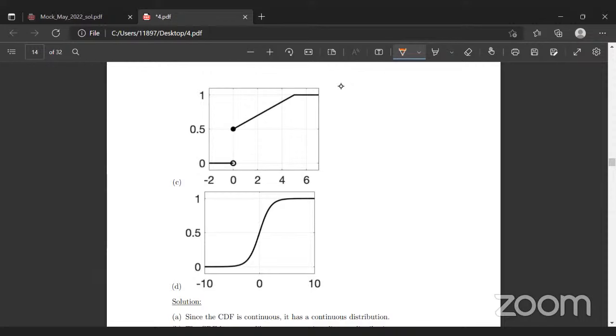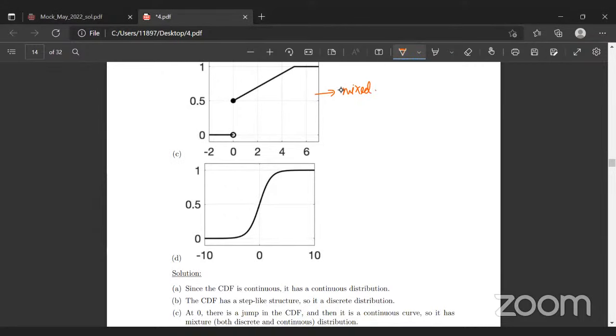But after this 0.5, you have a continuous curve. Such a distribution is called a mixed distribution. And again, this fourth curve has a continuous curve, so this is again a continuous random variable.